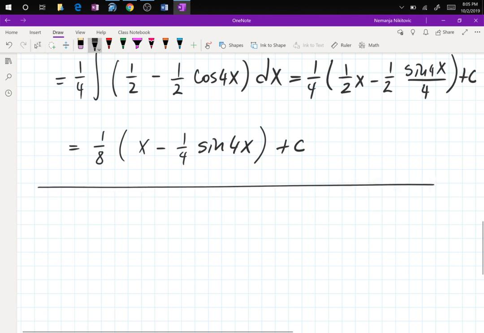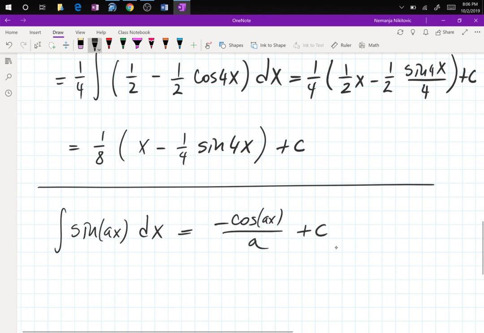So far, we use the fact that the integral of sine ax dx is negative cosine ax over a plus c, and another formula, the integral of cosine ax dx is equal to sine ax over a plus c.